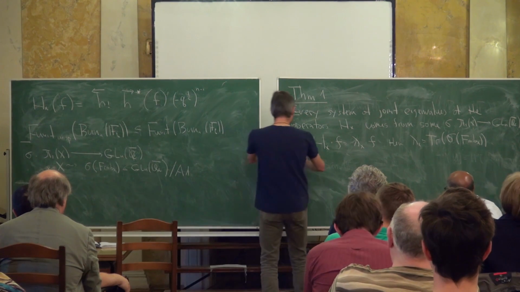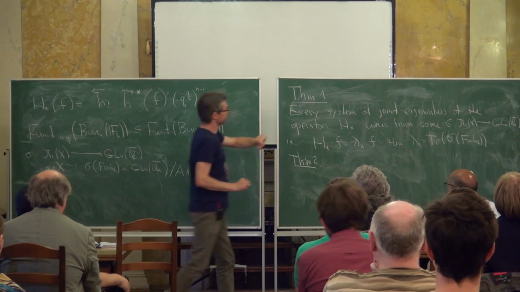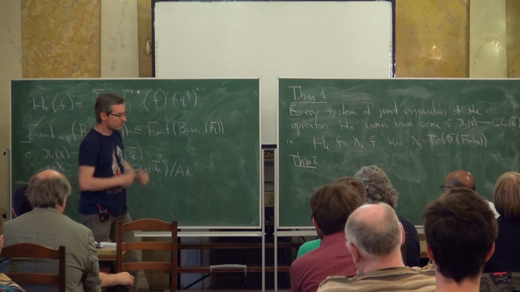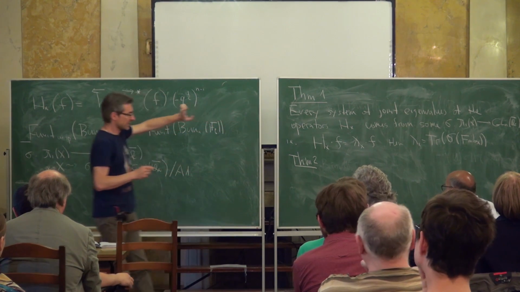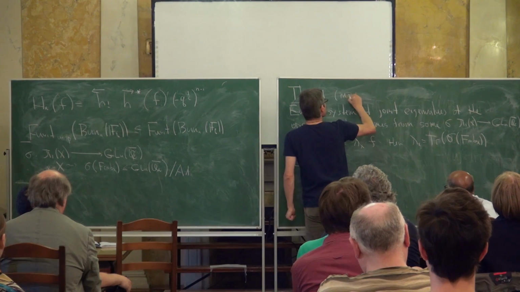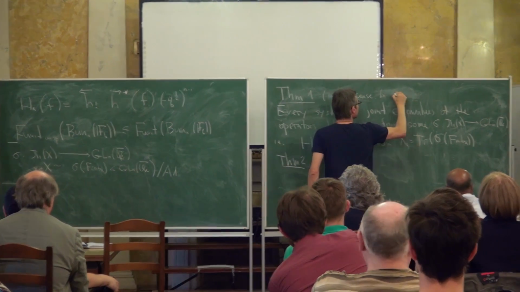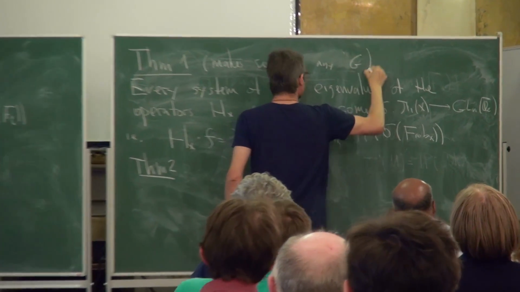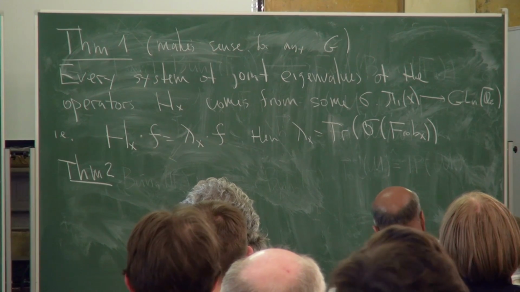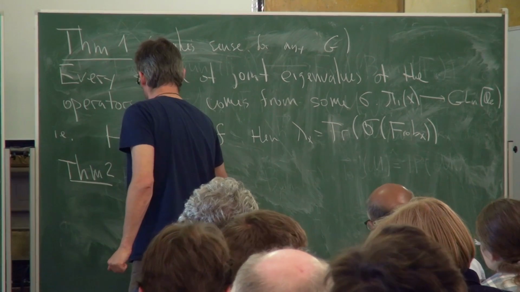And here is theorem 2, which is stronger. Theorem 1, the way I stated it, makes sense for GLN, but in fact, you can do the exact same thing for any arbitrary reductive group G. Theorem 2 is actually specific to GLN.